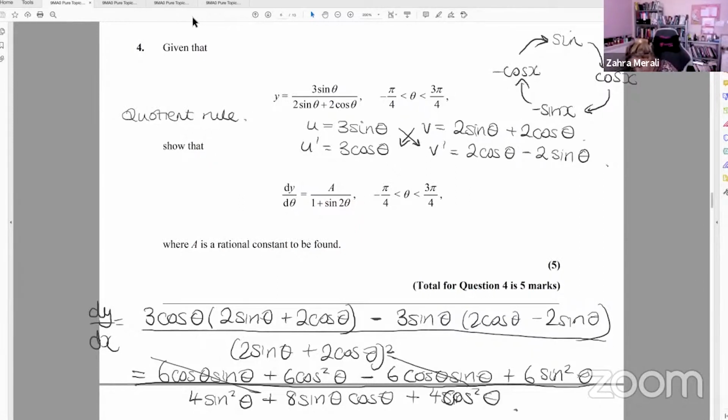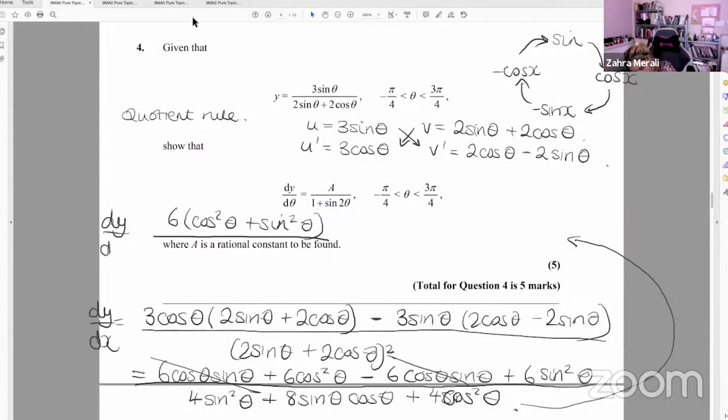So cleaning that up, apologies, I'm going to have to write it up here. On the top, we've got 6 open brackets cos squared theta plus sine squared theta. On the bottom, we've got 4 sine squared theta plus cos squared theta plus 8 sine theta cos theta.